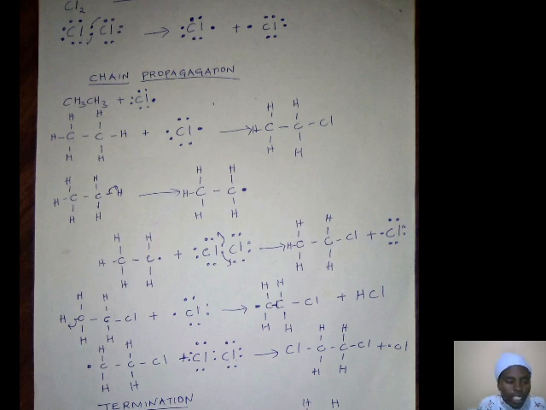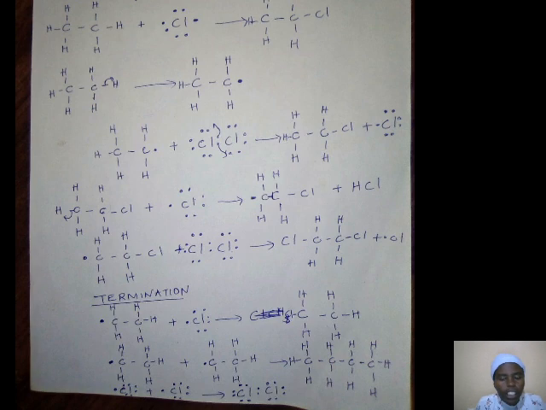The chloroethane radical can also be attacked by a chlorine again, forming 1,2-dichloroethane plus a chlorine radical. So the reaction can continue and continue for long. You need to have termination for the reaction to stop.